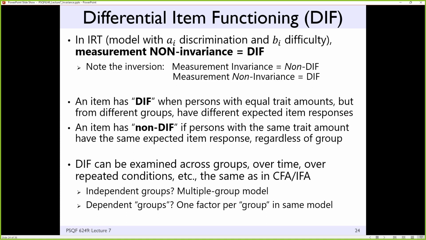And just as we had for CFA models, we want to make sure that we have at least partial measurement invariance. Most of the item parameters ideally would work the same way. That way we have confidence that we're actually measuring the same trait in both groups. So just as we did in CFA, if your groups are independent, then you want to do a multiple group model.